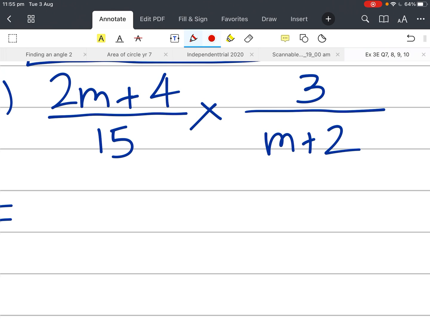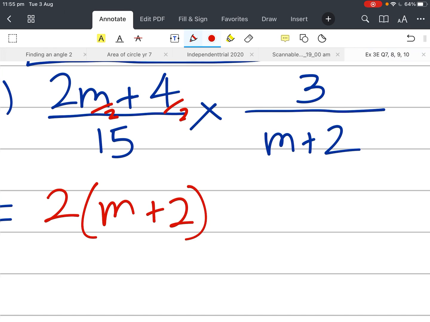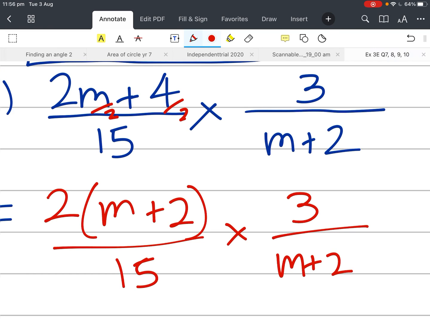2m plus 4. 2 goes into 4, so I'm going to put 2 on the outside. 2m divided by 2 leaves me with just m. 4 divided by 2 leaves me with 2. Put the 15 on the bottom. Times. Now this one doesn't need factorising. Notice m plus 2 is all underneath that line, so let's put it in brackets. Okay, what's the same?